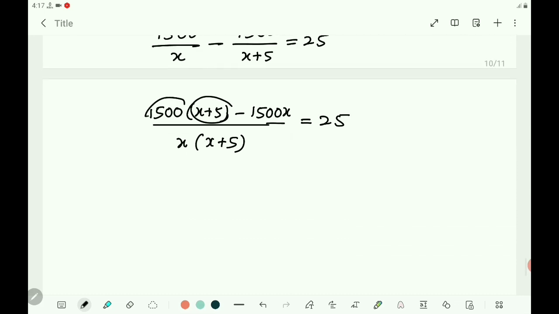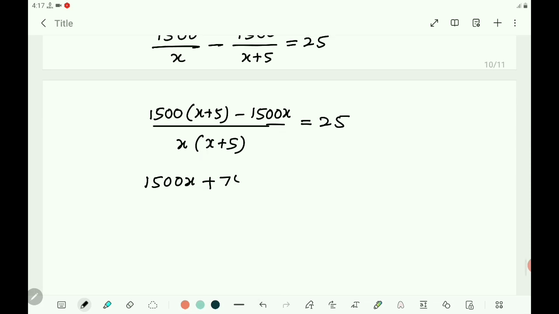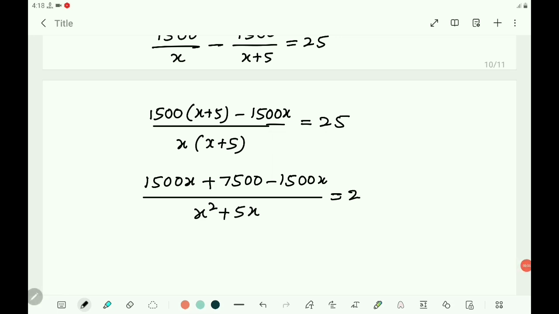Multiply this x plus 5 by 1500. 1500 into x is 1500x plus 1500 into 5, 15 5s are 75, it is 7500, minus 1500x, by x into x is x square plus x into 5 is 5x, equals 25.